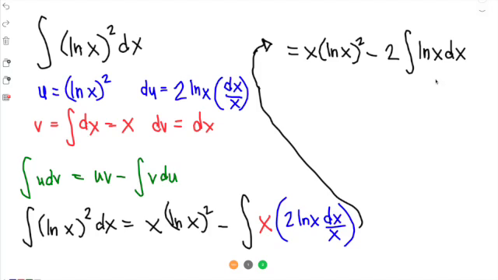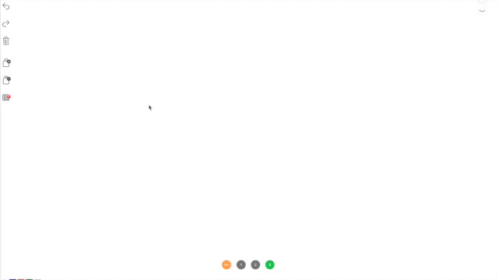And what do you think we should do? So let's take that answer first as it is, and let's solve what is the integral of ln x dx.